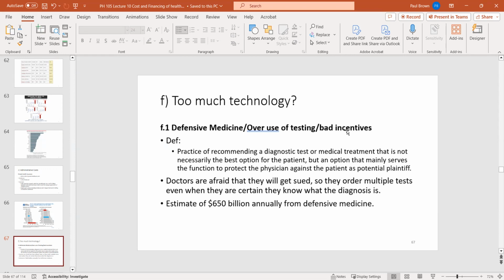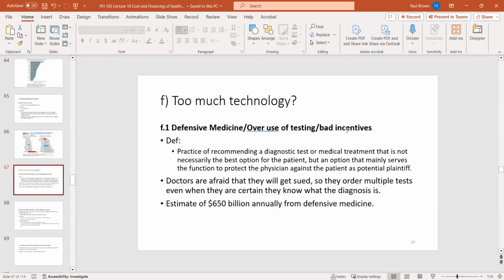So the estimate is that these kinds of unnecessary tests cost about $650 billion. Now, it's also a little bit hard to tell because a lot of times people do multiple tests because there's no information systems. They're not getting the information from the other provider who did a test.